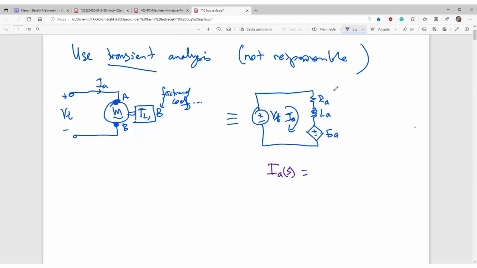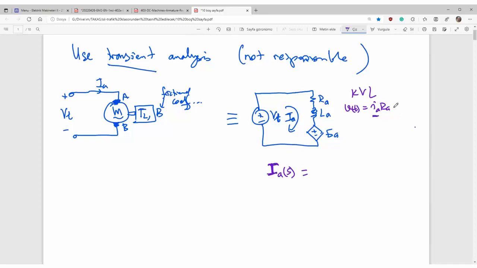Let me first write down Kirchhoff's voltage law in time domain. Vt is equal to current times Ra. I prefer small letters because Laplace currents will be capital.